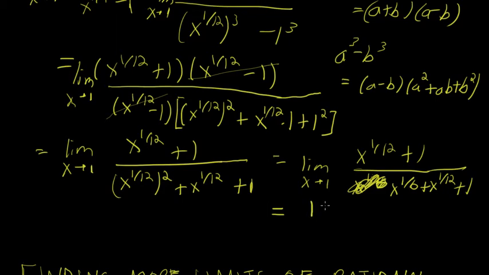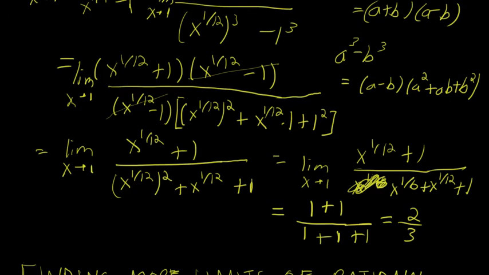So this is 1 plus 1. And this is asking x to the 1/6: what multiplied by itself 6 times gives you 1? Well, 1 multiplied by itself 6 times gives you 1, right? 1 times 1 times 1 times 1 times 1 times 1. Hopefully I said that 6 times. And the same deal here, x to the 1/12 is 1. And then we have 1 here. So 2 divided by 3 is 2/3.